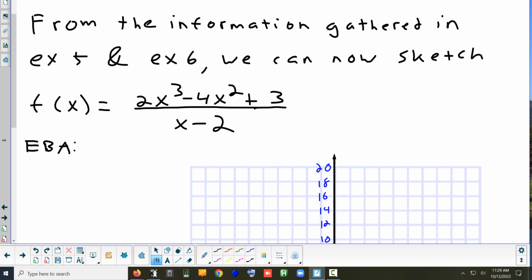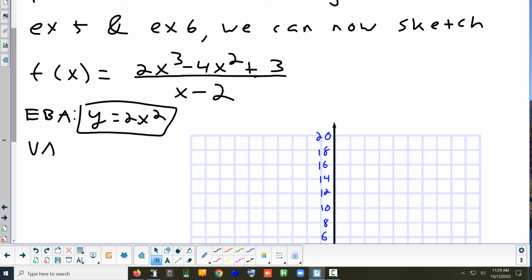And what was the EBA again? y equals 2x squared. I'm going to graph that as a dotted line in a second. The vertical asymptote was x equals 2. That's really all you need. If you draw those two asymptotes and then plot some points, I think you'll be good enough.